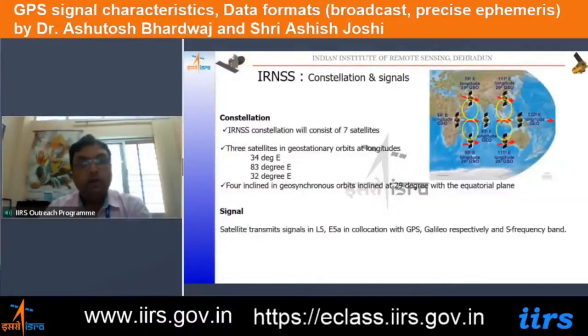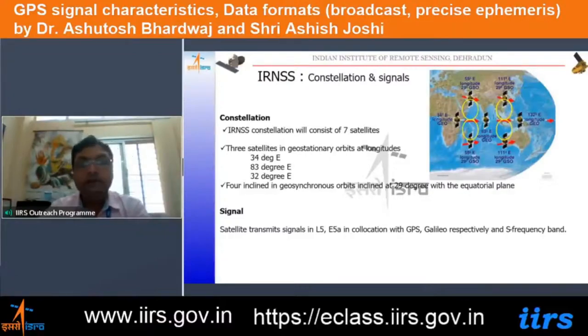Then we have the IRNSS satellite system. It has 3 satellites in the geostationary orbit, that is at 36,000 kilometers, and then 4 satellites in the inclined geosynchronous orbits. This is also using L5 and S band.